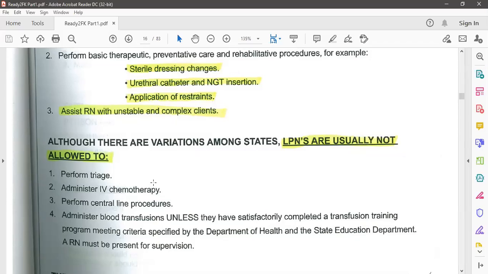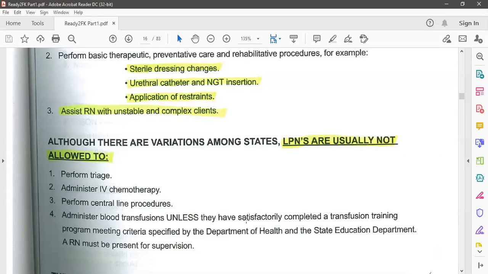perform central line procedures, like when a patient needs a line in the subclavian artery or total parenteral nutrition, central line, never ever done by the LPN. Administer blood transfusion, never ever, right?